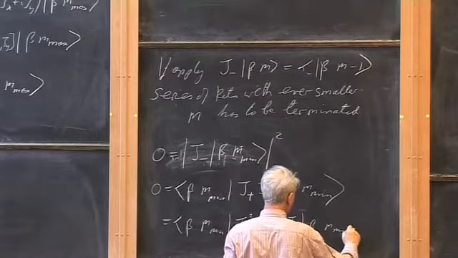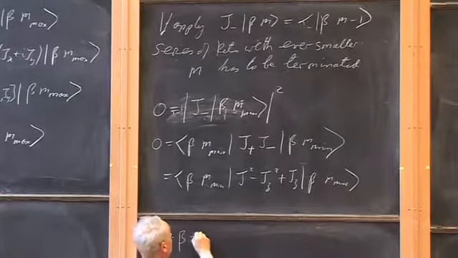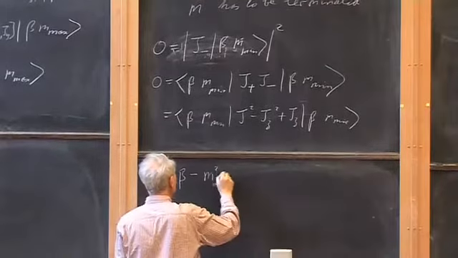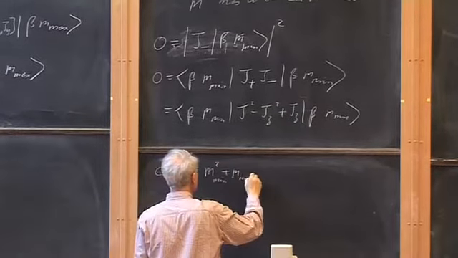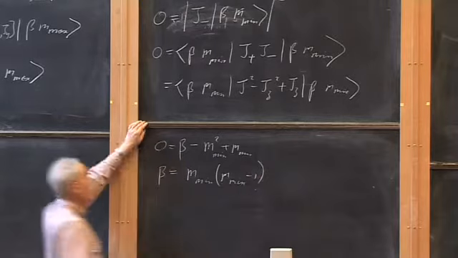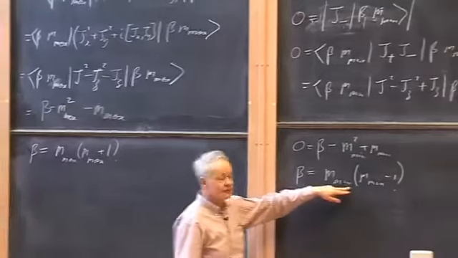Which is going to lead to the conclusion that nothing is beta minus m min squared plus m min. In other words, beta is also equal to m min brackets m min minus 1. So we have a relationship here between beta and the largest value that m can take, and between beta and the smallest value that m can take.